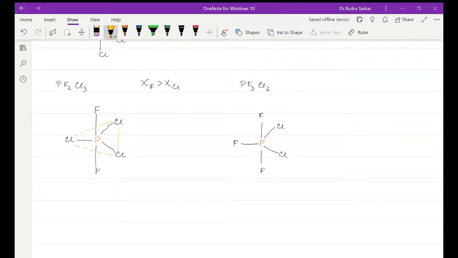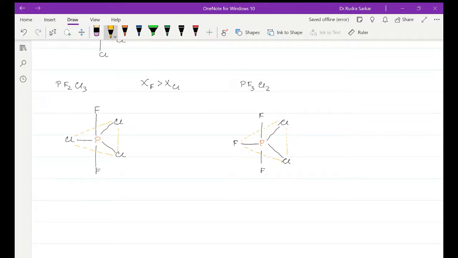And if you have to watch the equatorial plane, we will say this is my equatorial plane. So let's rewrite the chlorine atoms properly, just to make the structure more beautiful. And here is the equatorial plane.